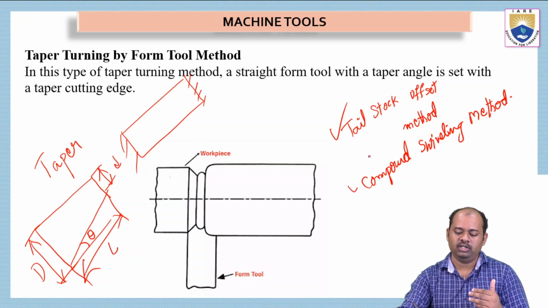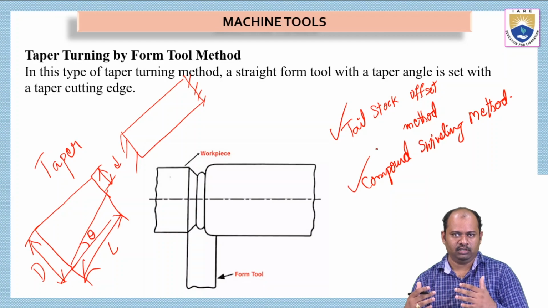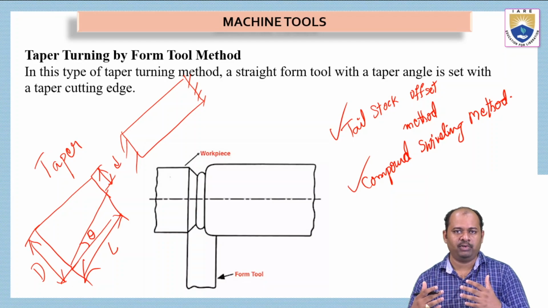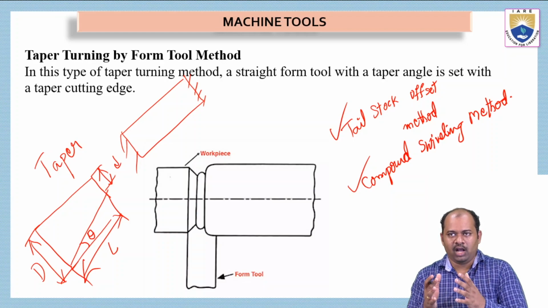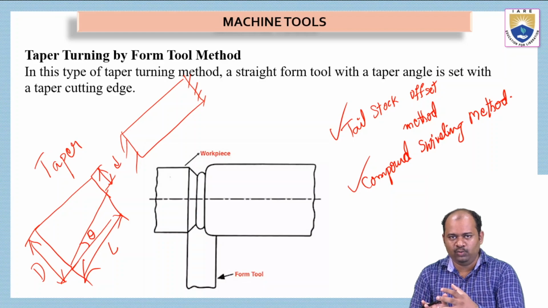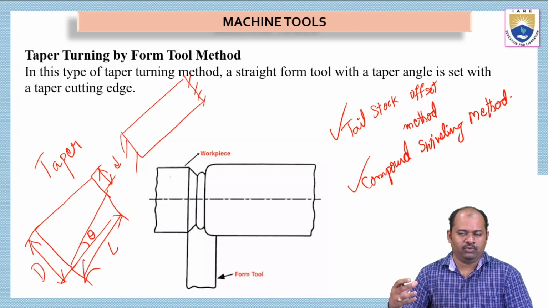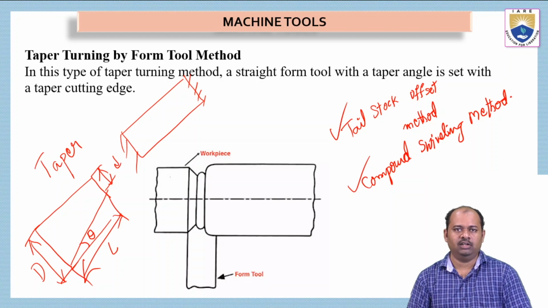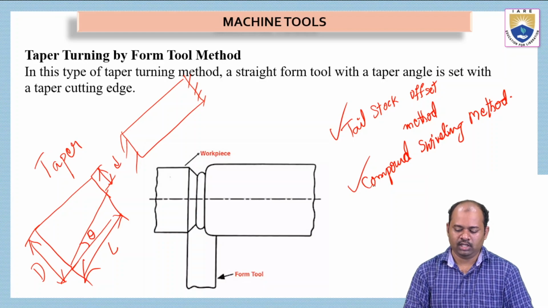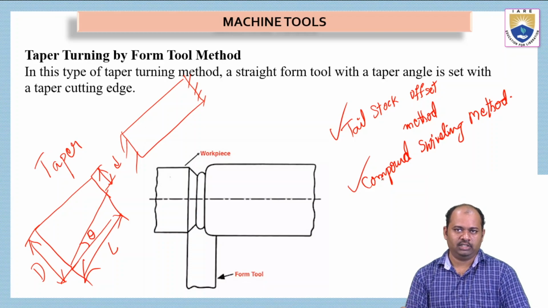And in the compound slide swiveling method, we have to calculate the taper angle or use the angle that is given by the designer. We have to use that angle for rotating the tool post. So the compound tool post has to be rotated through this angle, and then we have to give the feed for removing the material so that we can get taper turning. This is how the first two methods are done.